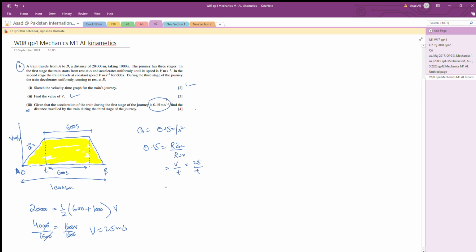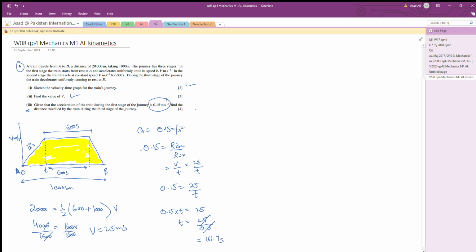So 0.15 is 25 over t. So 0.15 times t is 25, and t is 25 over 0.15. Let me check it on the calculator: 25 divided by 0.15 gives 166.7 seconds.